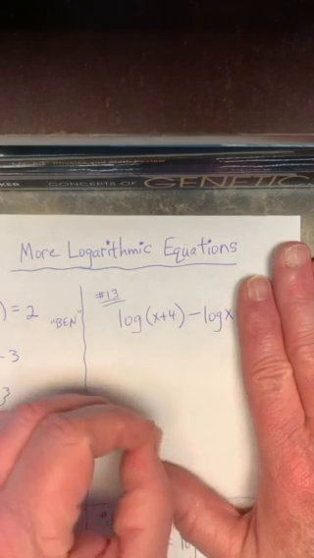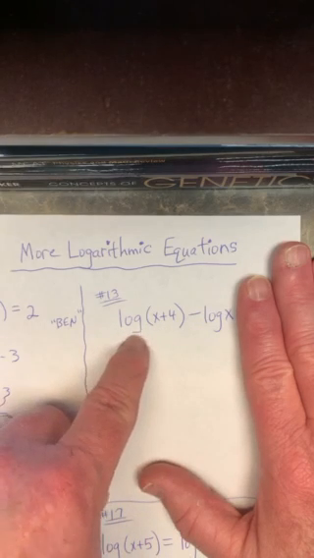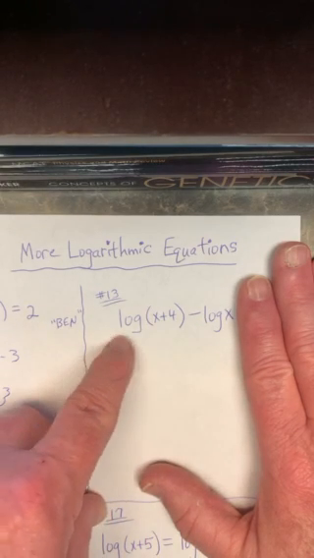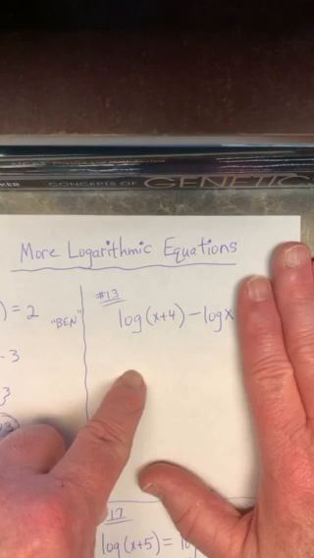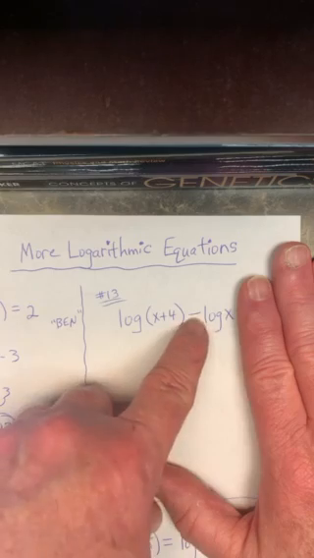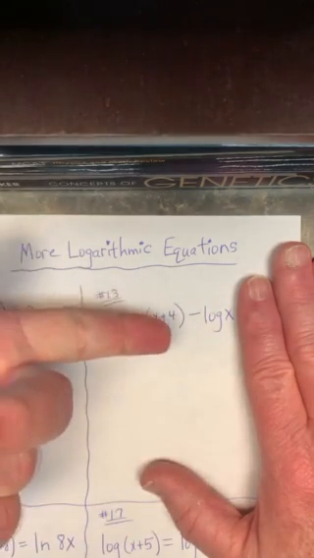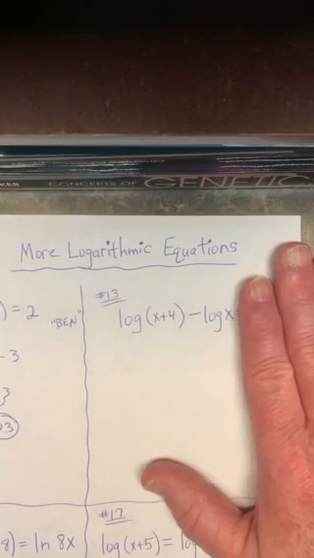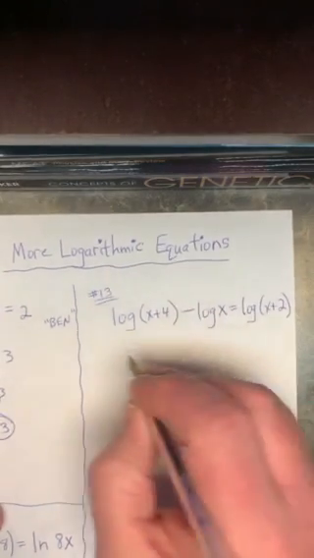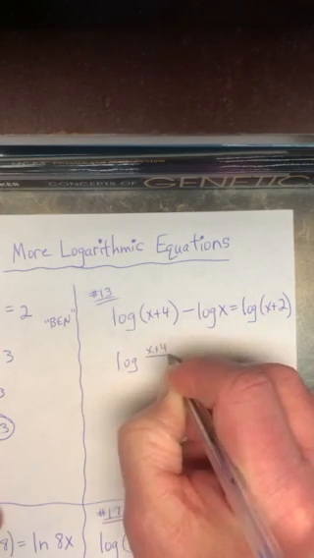Oh, remember when we did, again, the expanding and condensing? If you had the log of a quotient, remember the quotient rule? The log of m over n was broken down into the log of m minus the log of n. So if you ever see a subtraction, you're going to condense it into a quotient or a division problem. So do you agree that the left side is really the log of x plus 4 over x?